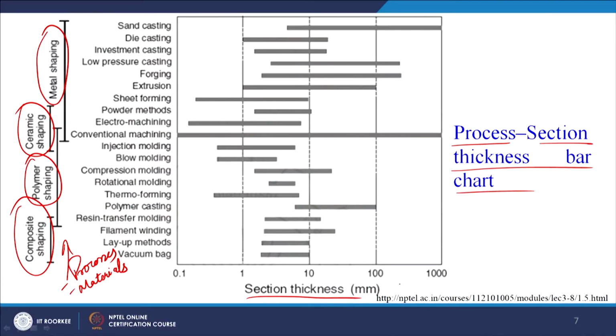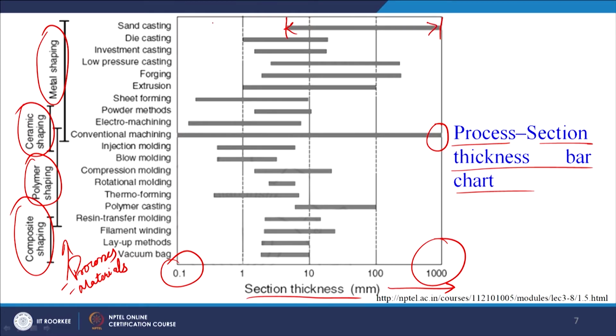So, we can see the section thickness is there on our x axis. It is in millimeter, from 0.1 millimeter to the highest, 1000 millimeter. So, we can see conventional machining, there is no limit, it can go up to 1000 millimeter, but sand casting also has a wide range for the section thicknesses that we can achieve.